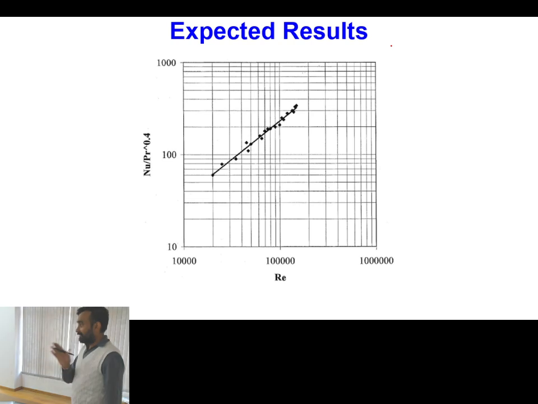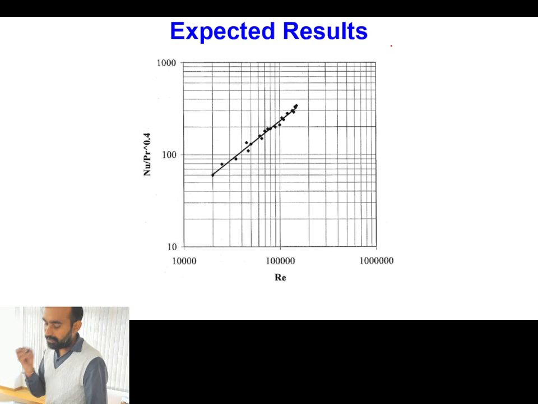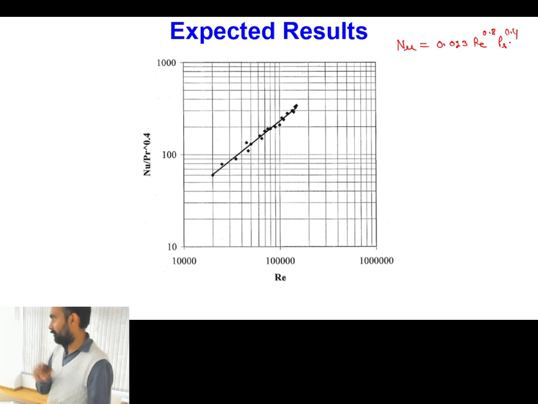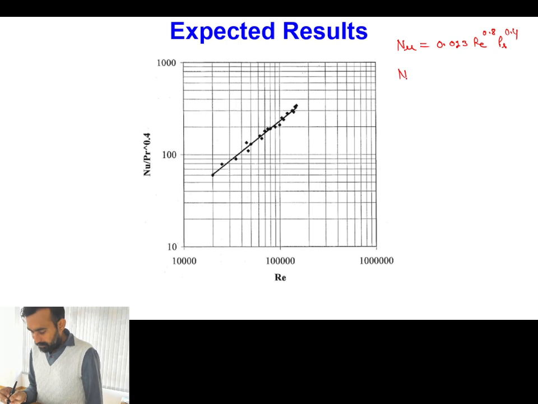So if this refrigerant also satisfies the Dittus-Boelter equation, then our expected outcome will be: Dittus-Boelter equation is Nusselt number is equal to 0.023 into Reynolds number power 0.8 and Prandtl number power 0.4 for the current conditions. So I can say from here the ratio of Nusselt number divided by Prandtl number 0.4.